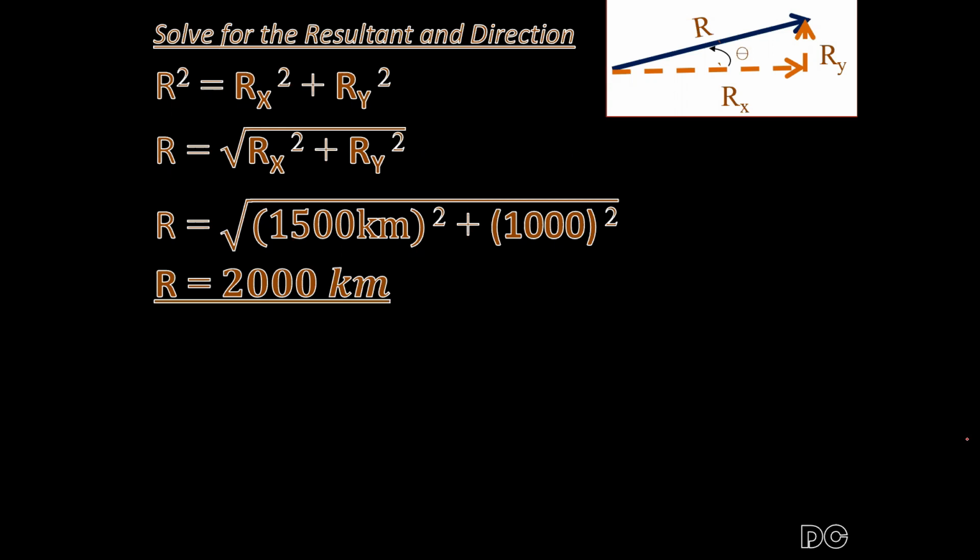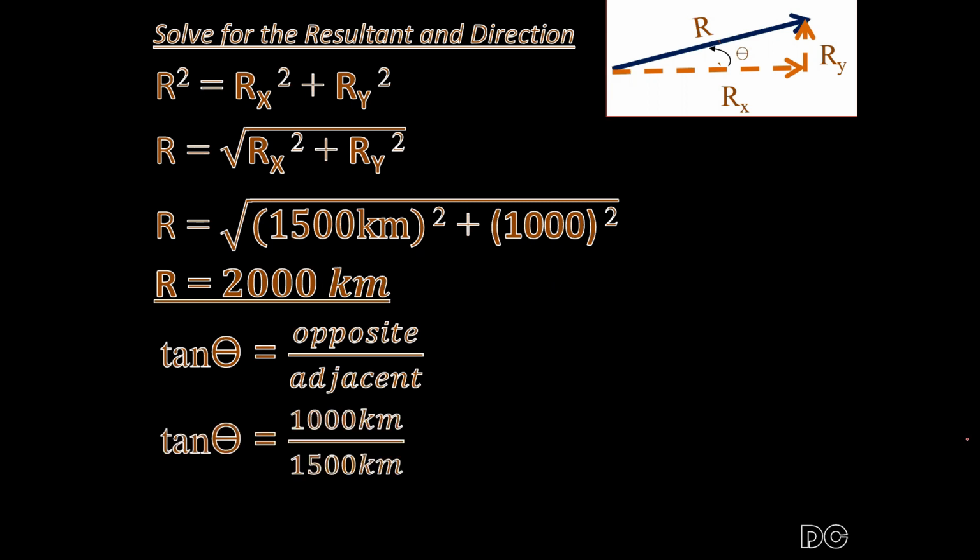After we solve for our resultant, next is to solve for its angular direction using tangent theta. The opposite is r sub y and the adjacent is r sub x. So r sub y is 1,000 and r sub x is 1,500, and that is equal to 30 degrees.